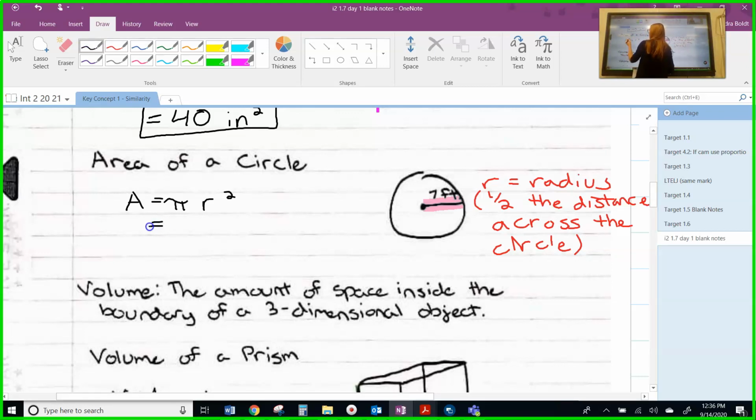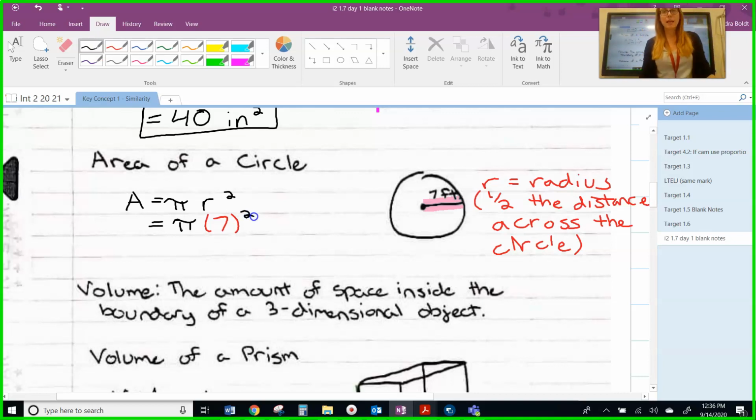So here, again, pi is just a number. It's 3.14. It goes on forever, but it is just a number. So I'm not substituting anything in for it. And our r is that 7 squared.